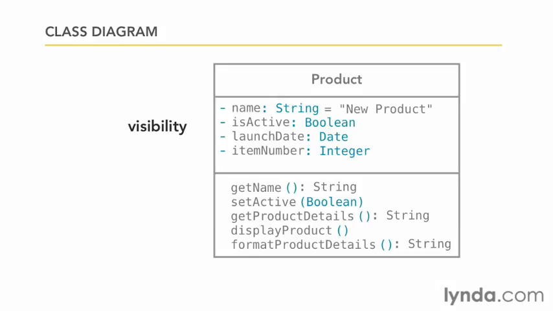So I can see here that I'm saying my name attribute is private, but I do have a getName operation, which will be public and marked with a plus sign, and that returns a string. I might say here that in the operations I've drawn out, I know that formatProductDetails is only going to be used internally within the object, so I've made that one private and the others all public. Now there are other signs, but the plus and minus are the two most important. And again, the rule is to leave as much private as possible and only make it public if you know another object has to use this attribute or method.